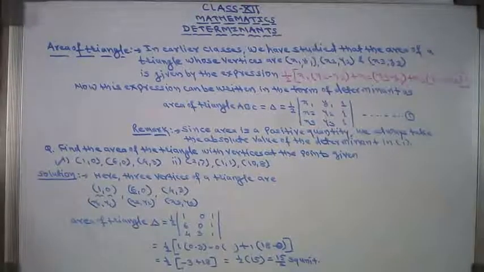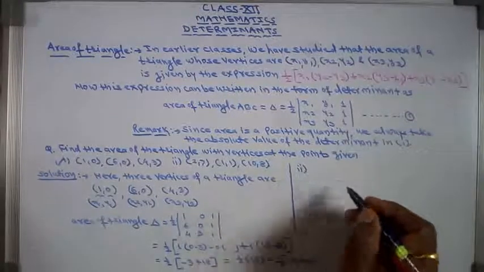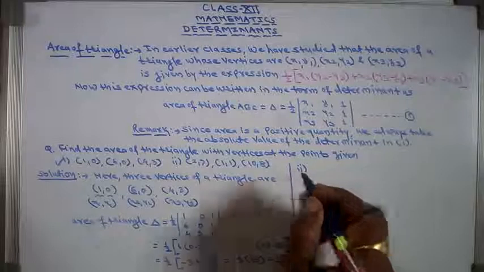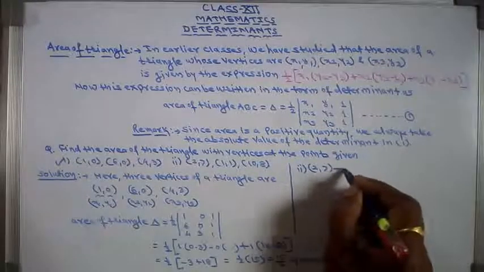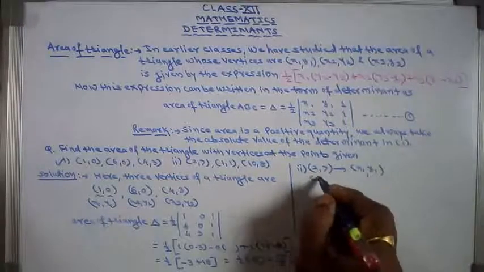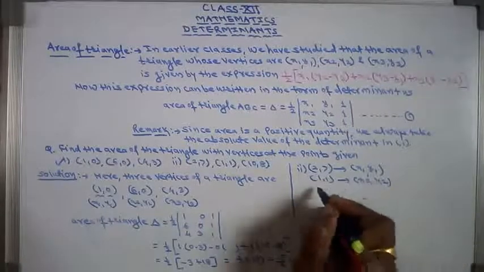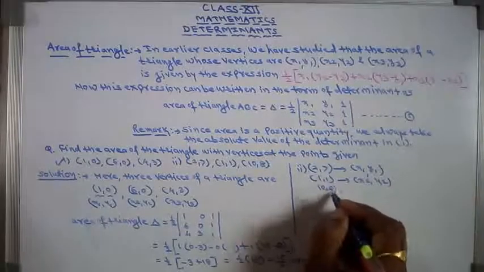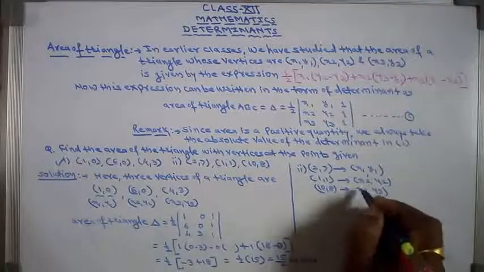Now similarly, in the second example we have (2, 7), this is your x1, y1, then (1, 1), this is x2, y2, and (10, 8), this is your x3 and y3.